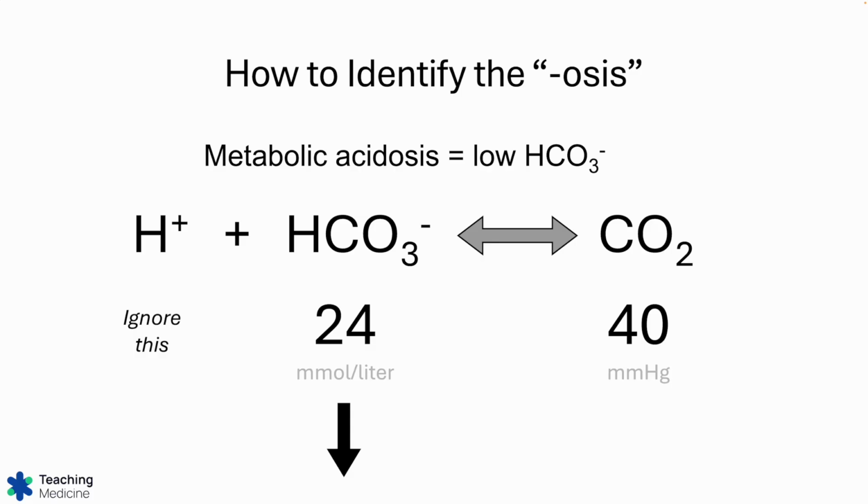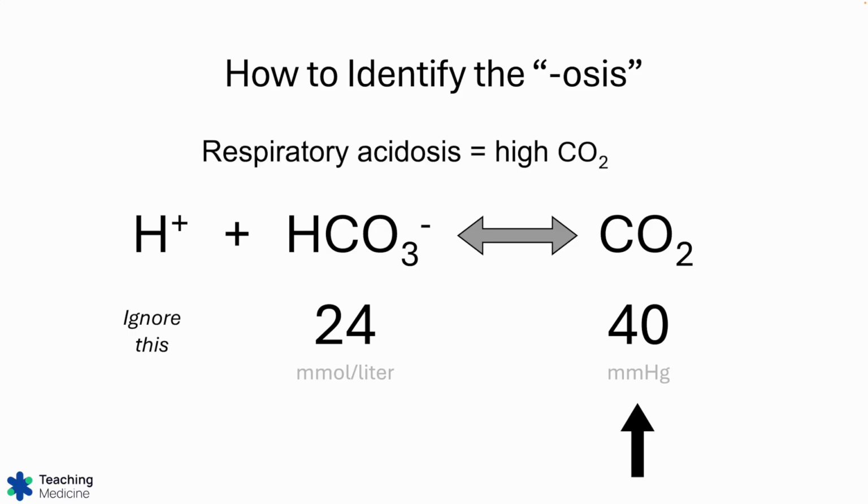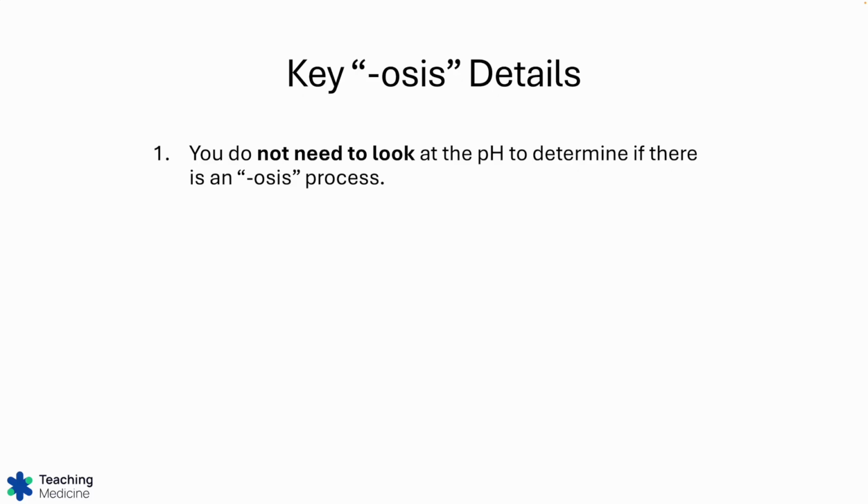If we had a bicarb value less than 24, we would say that we have a metabolic acidosis process. And same for carbon dioxide. If we had a carbon dioxide value greater than 40, this will be a respiratory acidosis process, and if it's less than 40, a respiratory alkalosis.